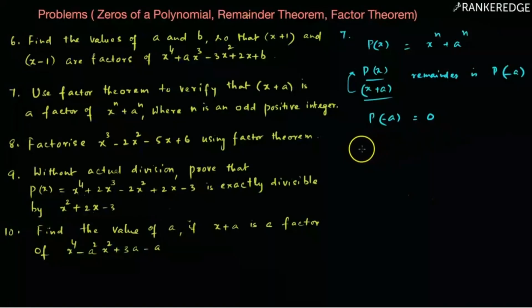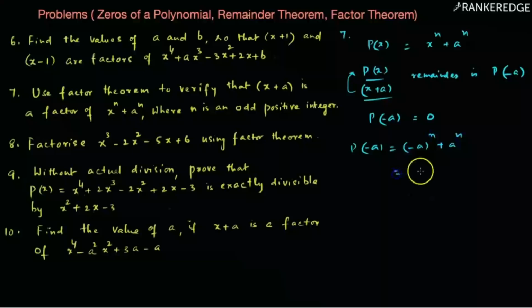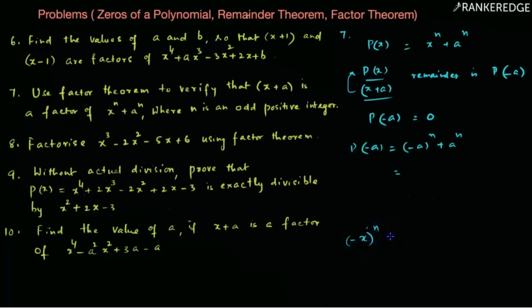Let's calculate p of minus a. P of minus a is, I substitute minus a in that polynomial wherever I see x. That is minus a power n plus a power n. What is this equal to? We know from the rules of exponents, minus x power n is equal to x power n if n is even, and minus x power n if n is odd.